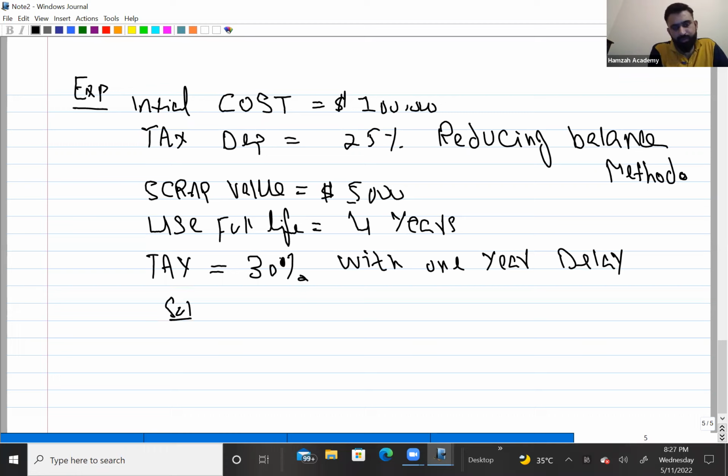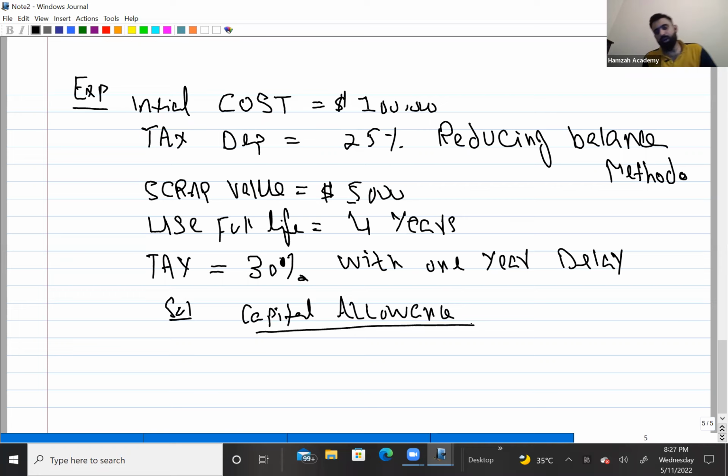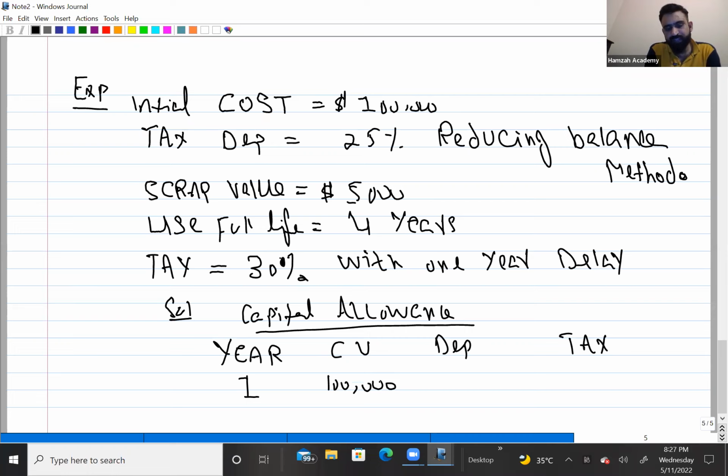Now we have to calculate the capital allowance. So how will we calculate it? Let's do year one first: carrying value, depreciation, and tax. In year one, the cost of the asset was 100,000.